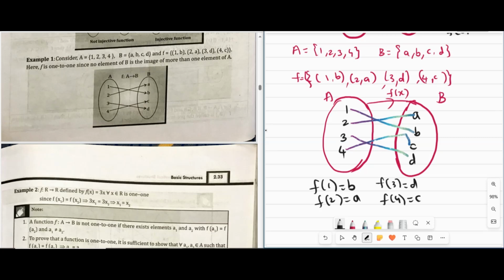So every element of domain has only one image in codomain.